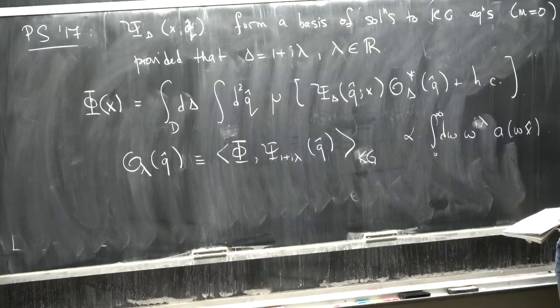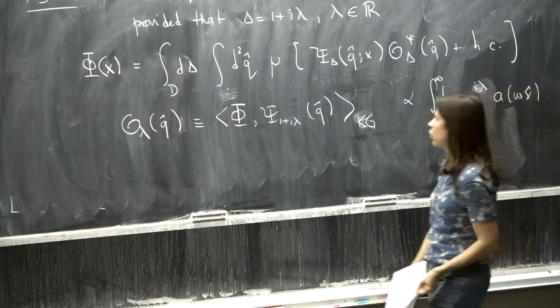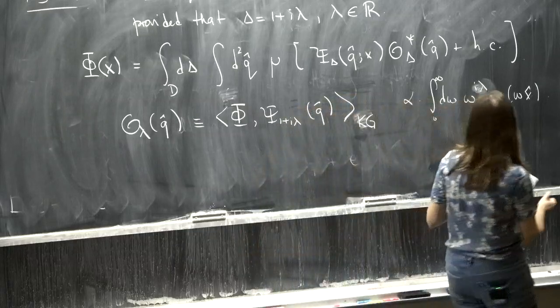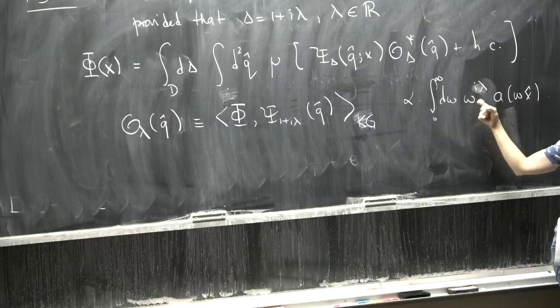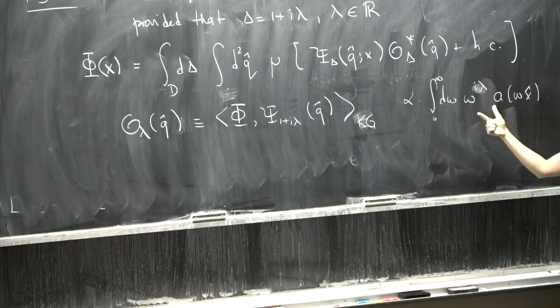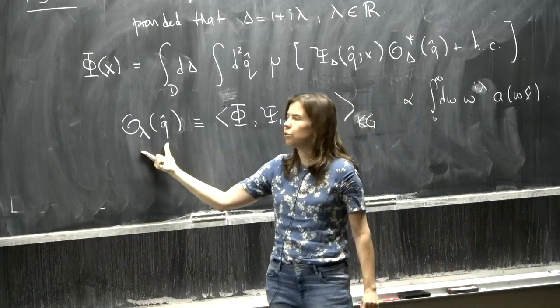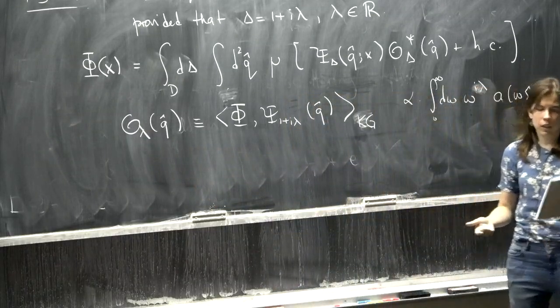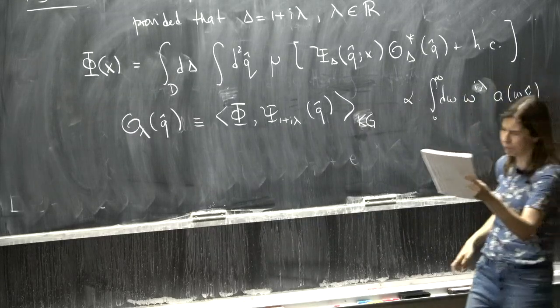So one small comment is that from this formula, what you can see here is that I can write this as an integral transform of the exponential of e to the i lambda log omega, and I can also take a Fourier transform of that and relate this to something that depends on time, and you can immediately see that what these O lambda of q do is that they create Rindler or Milne modes asymptotically.